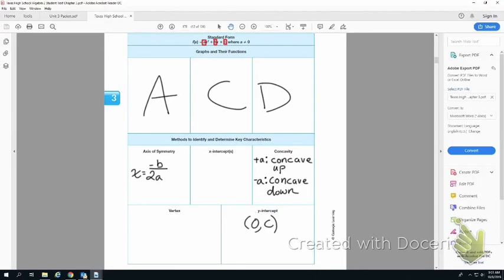Now, the axis of symmetry, just like it was in absolute value, the axis of symmetry is also the what? Middle point? Kind of.